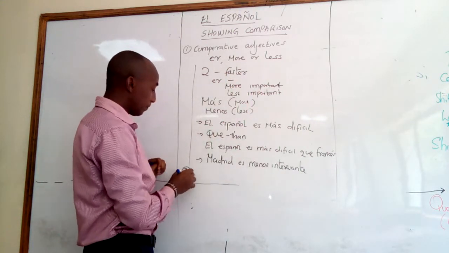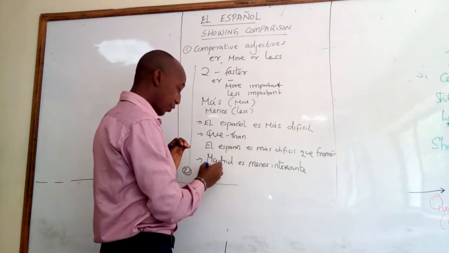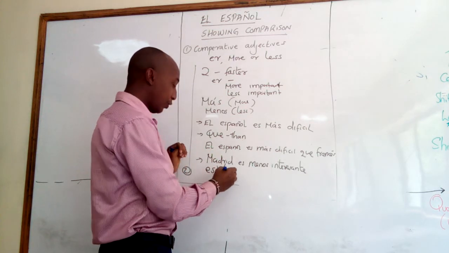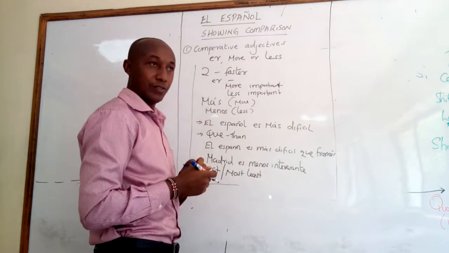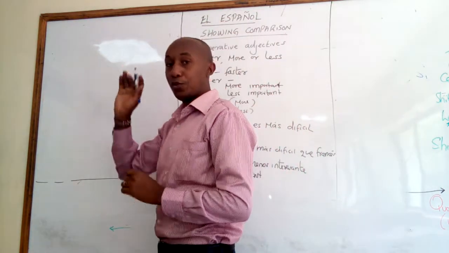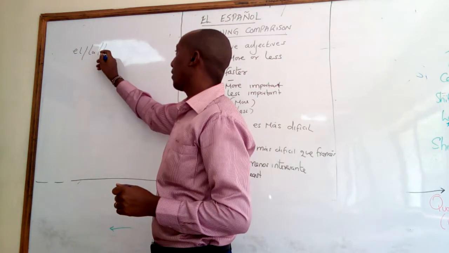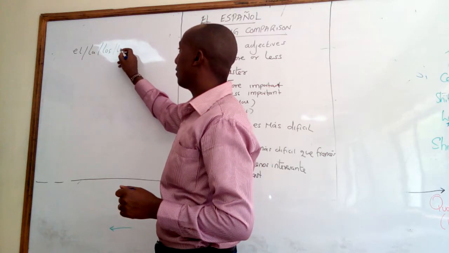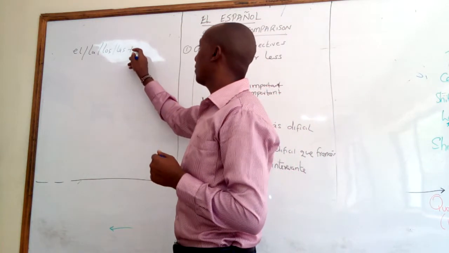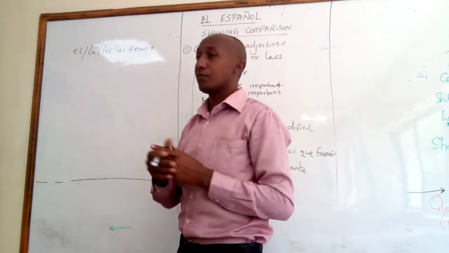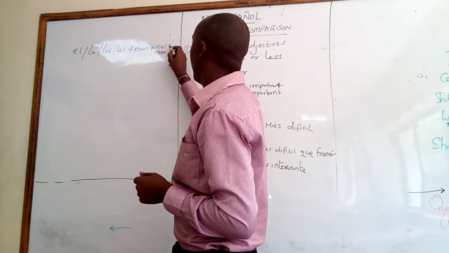Then with the superlatives, we usually have est, or we can have what we call most or least. For example, we're going to have the definite article: el, la, los, and then las. Then you must also have más, or you can also use menos, plus your noun.